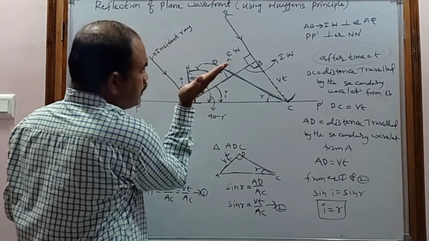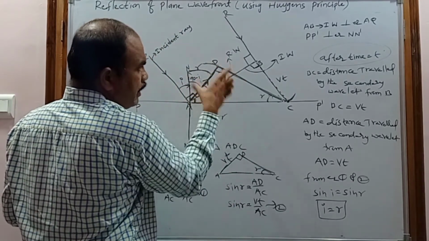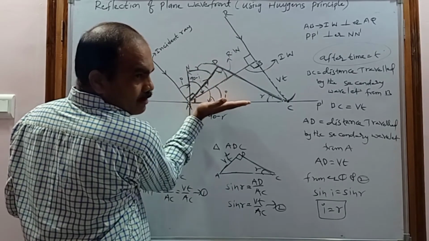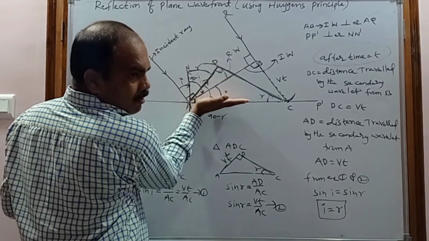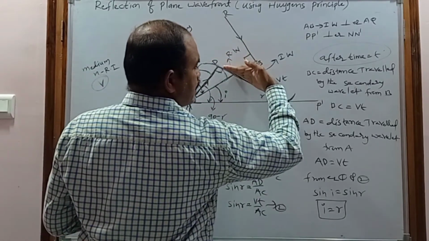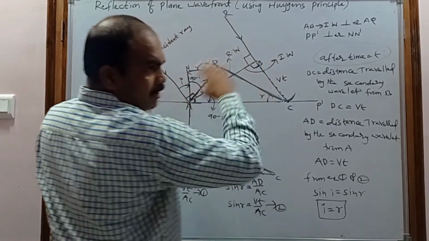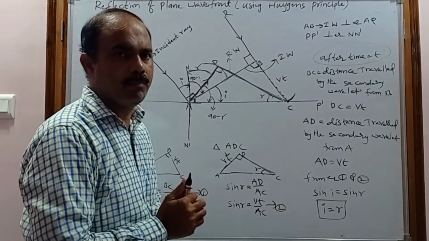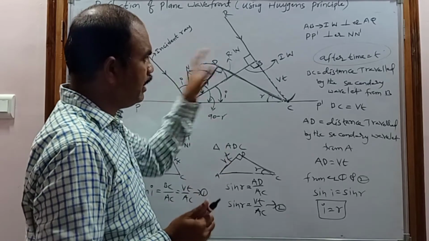So this is the incident plane wavefront AB. It is normal to the board plane, and the surface plane is also perpendicular to the board plane, and this reflected wavefront is also perpendicular to the board plane, and all of these lie in the same plane. Which plane? Perpendicular to our board plane. So they also lie in the same plane.